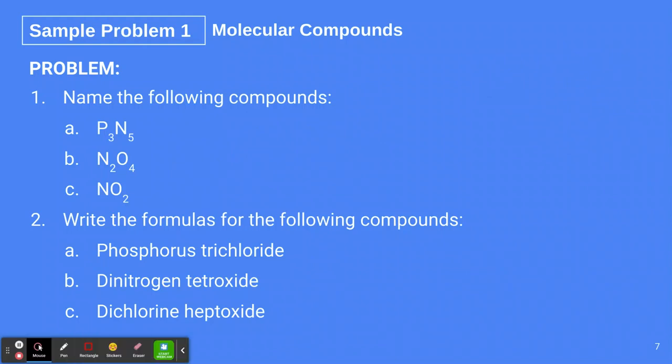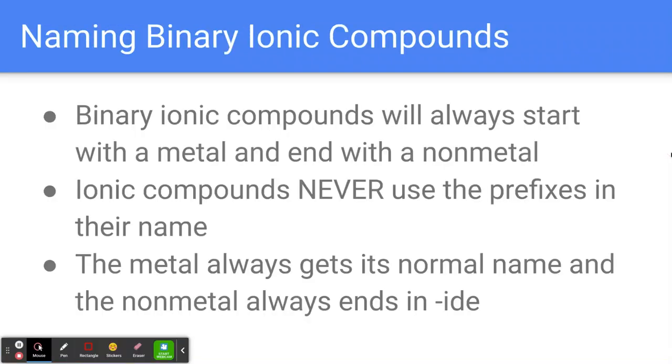All right, now we're going to get into ionic compounds. Now, ionic compounds get a little bit more complicated, and that's all because of the charges that we're involving. So we have a binary ionic compound, which just means that we're going to have a metal and a nonmetal. So the metal is going to start our compound formula or name, and the nonmetal is going to end that formula's compound or name.